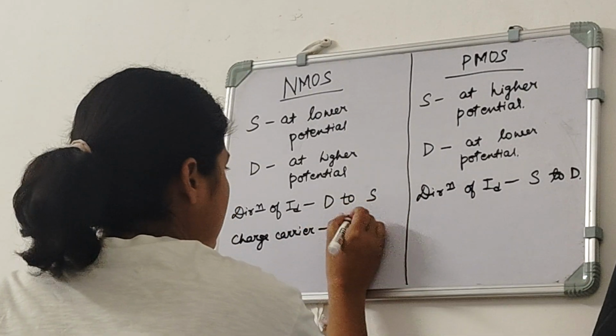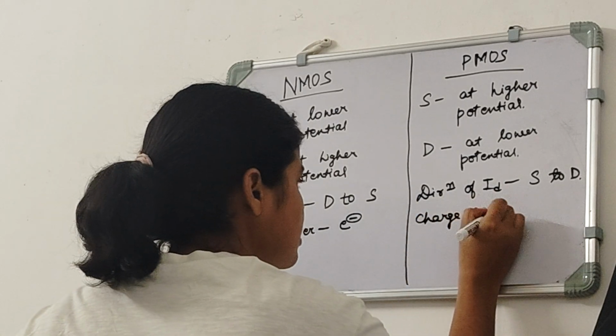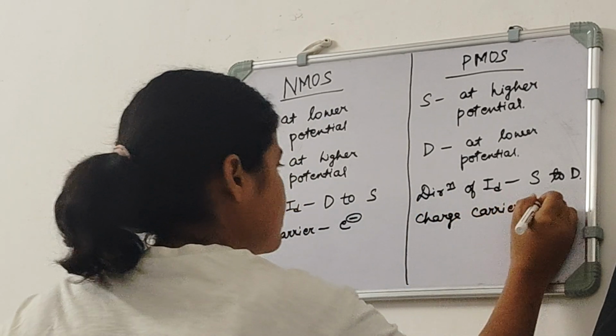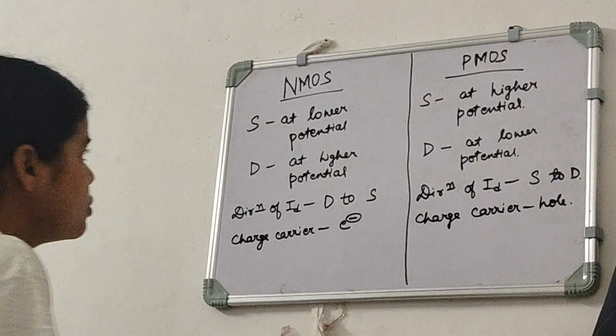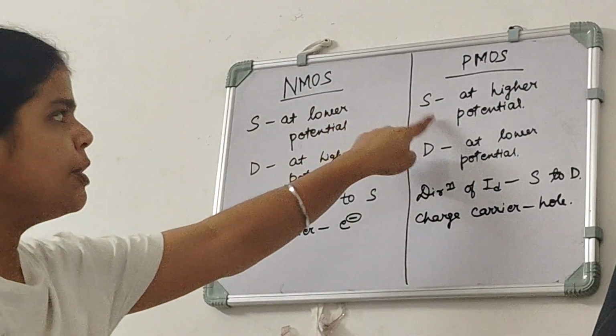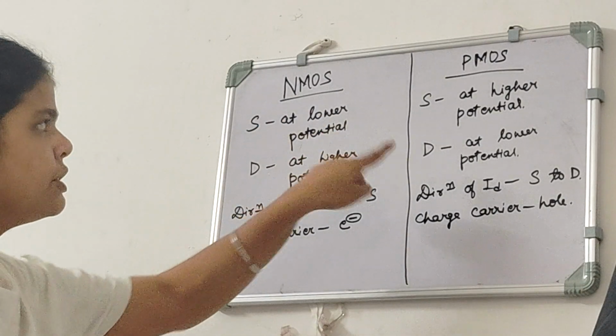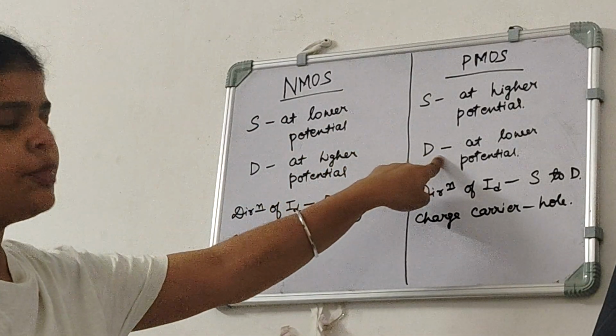Here our charge carriers are holes. So, source in the NMOS will be at lower potential, and in PMOS it is at higher potential. Drain in NMOS is at higher potential and it is at lower potential in PMOS.